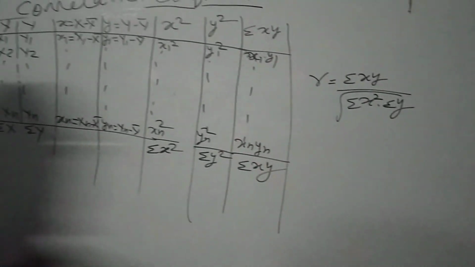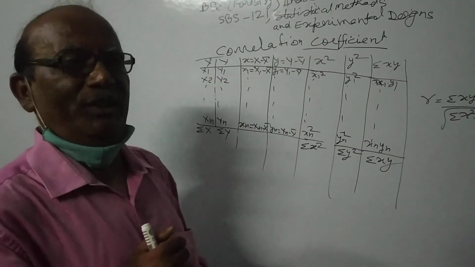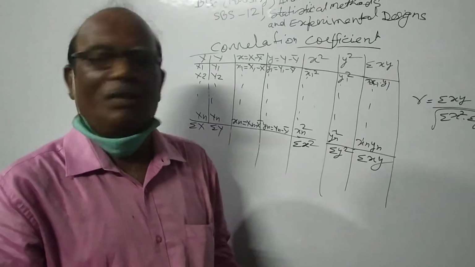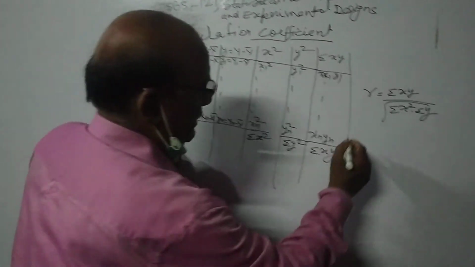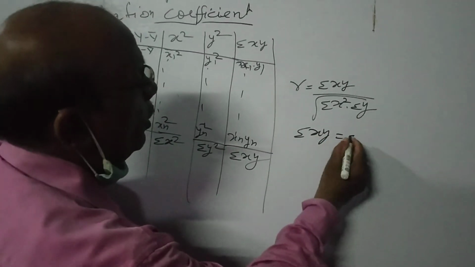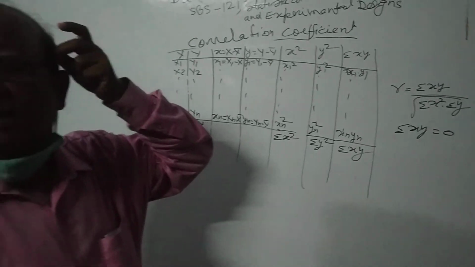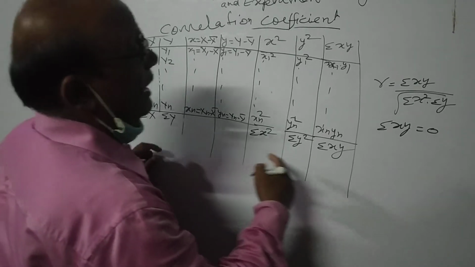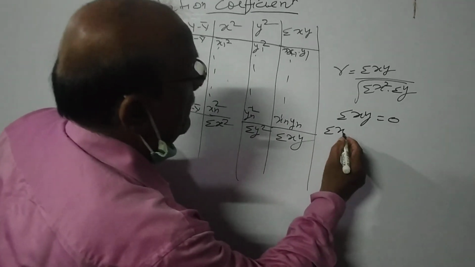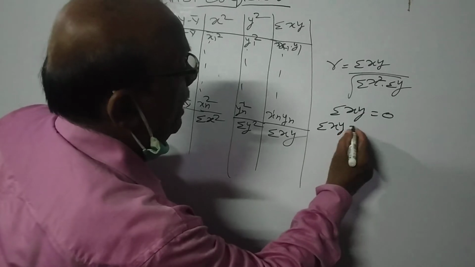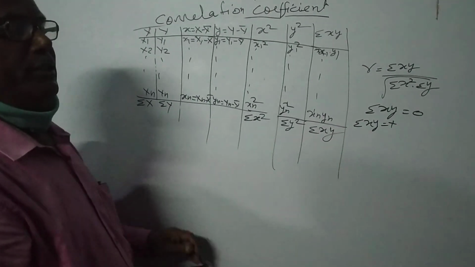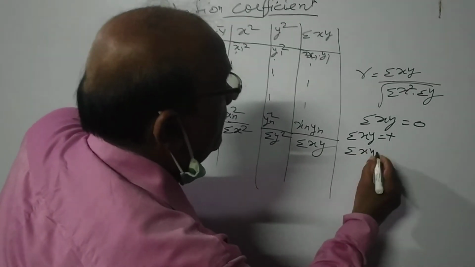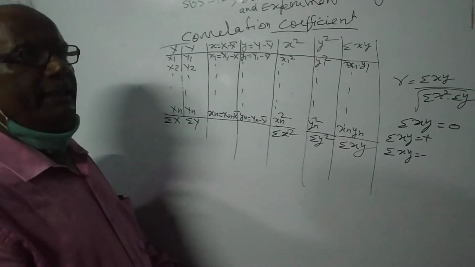Now the question arises: how can we recognize whether the correlation coefficient is positive, negative or uncorrelated? If summation xy is 0, the correlation coefficient will be 0. If summation xy is positive, it means positive correlation, and if it is negative, it means negative correlation.